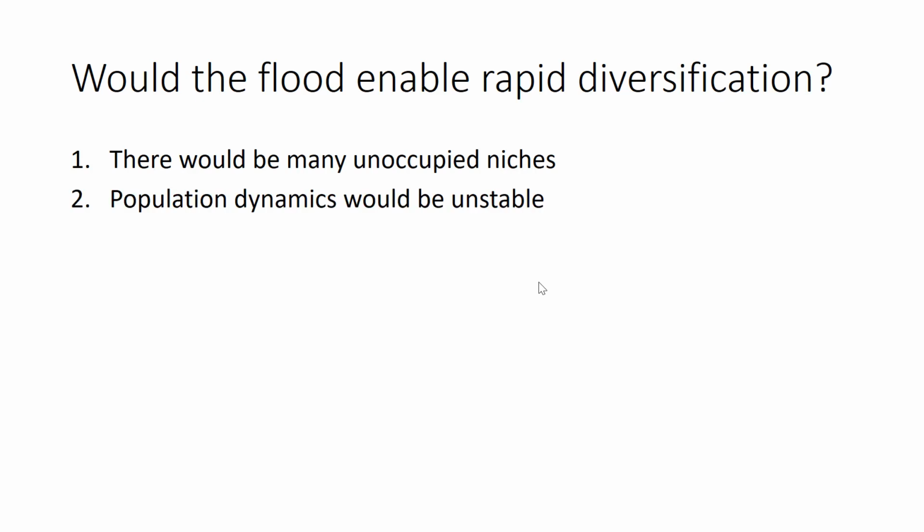On top of this, population dynamics would be very unstable as you have very immature ecosystems that are rapidly changing. Those unstable environments would provide enormous opportunity for organisms to have very high rates of microevolution as their environment changes so rapidly.